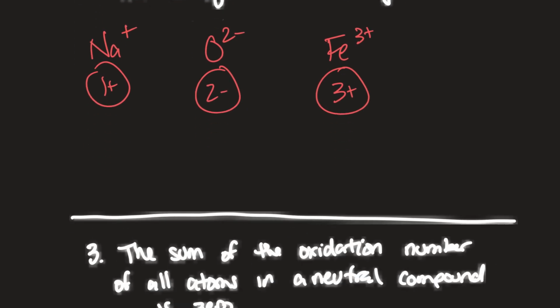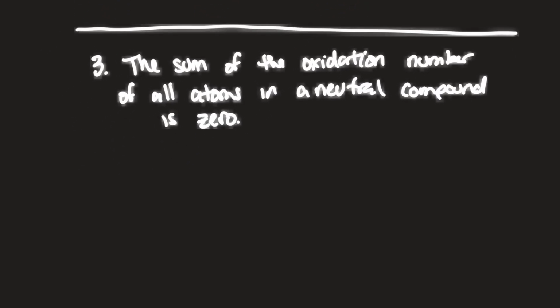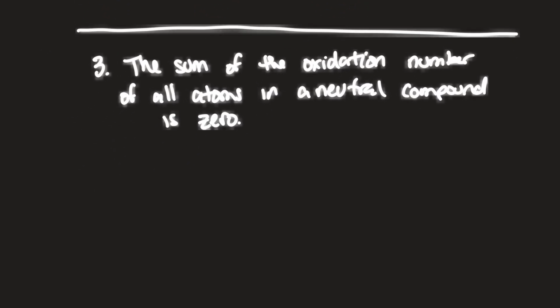Okay, so now, third point. The sum of the oxidation numbers of all the atoms in a neutral compound is 0. What do we mean by this? Let's say we are dealing with water. If you notice, there's no charge in water, none.